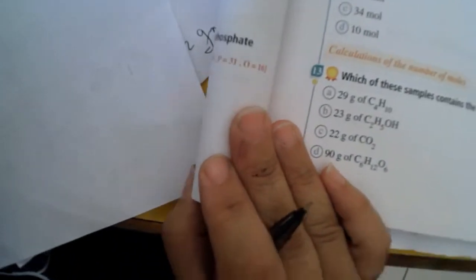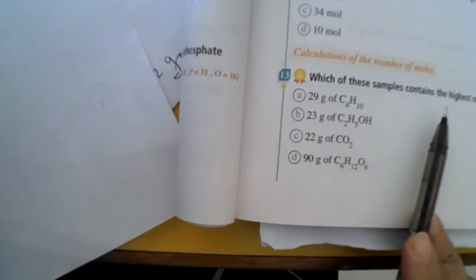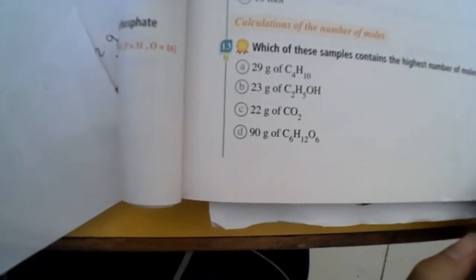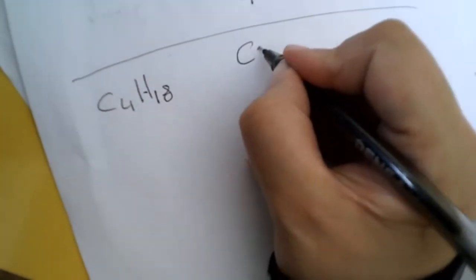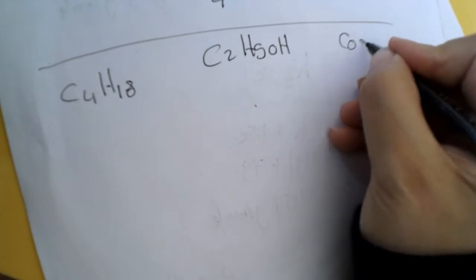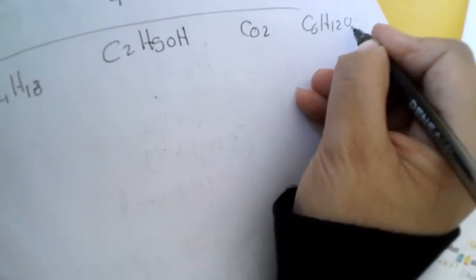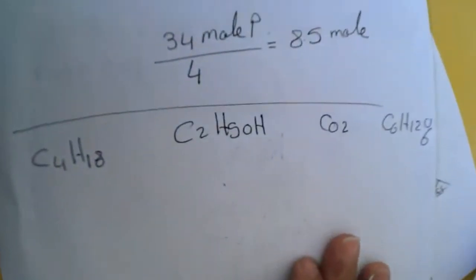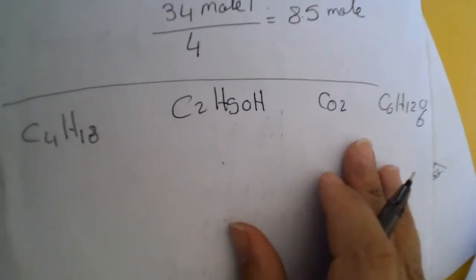Next, calculations of the number of moles. Which of these samples contains the highest number of moles of carbon atoms? So we have 4 compounds. Each one of them contains a number of grams.